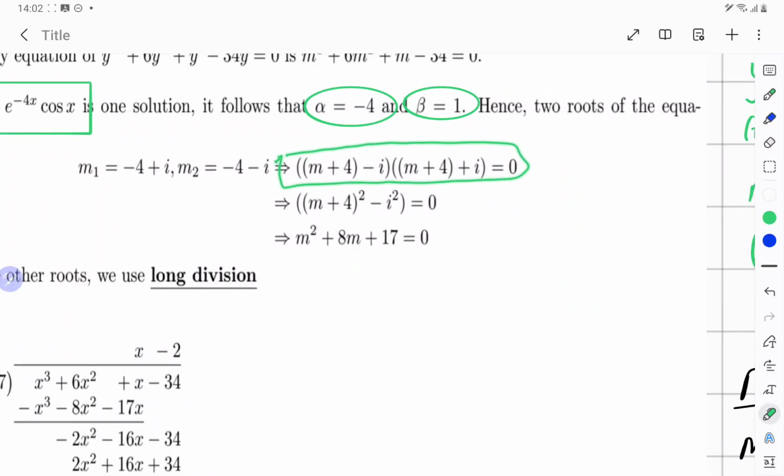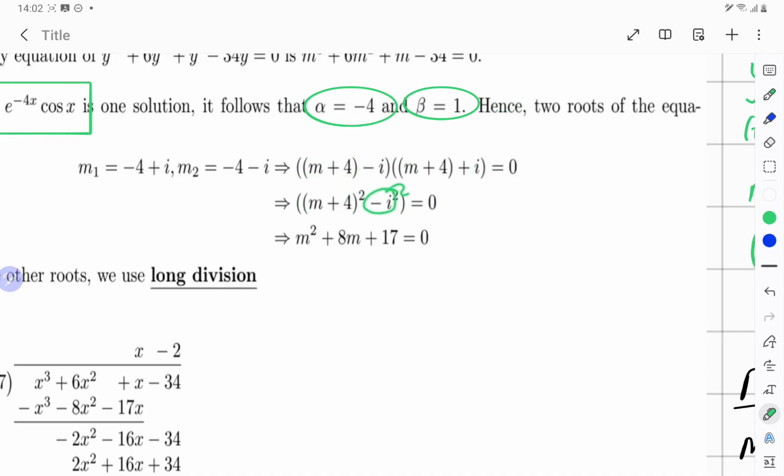So what I've done now earlier, you are familiar with that. Now I create my own brackets around the m plus 4 so that I have a factor and its conjugate, so that I can immediately just do m plus 4 squared plus 1.